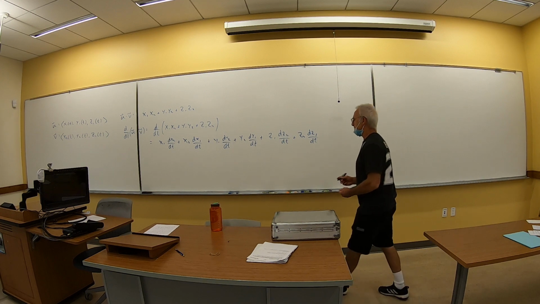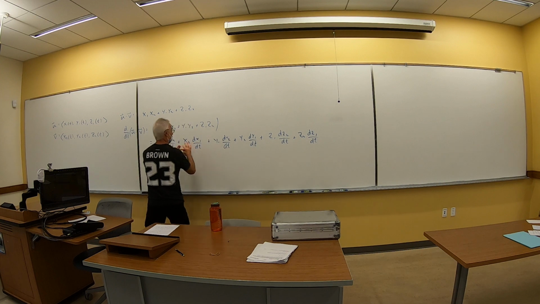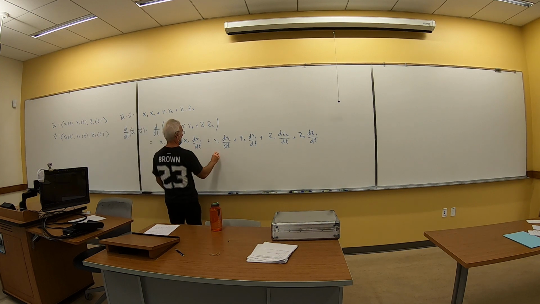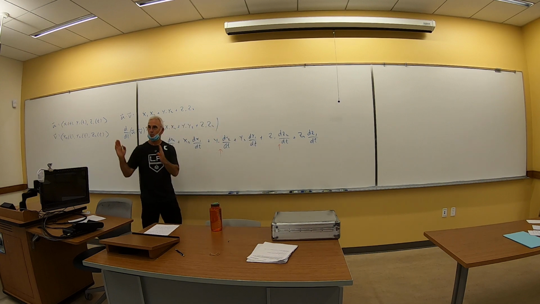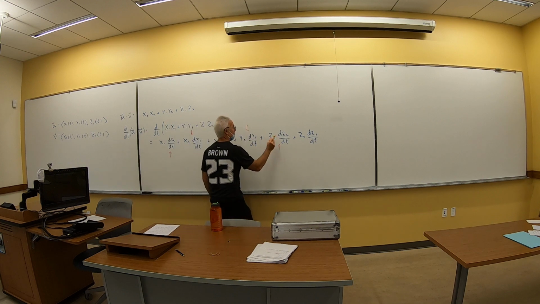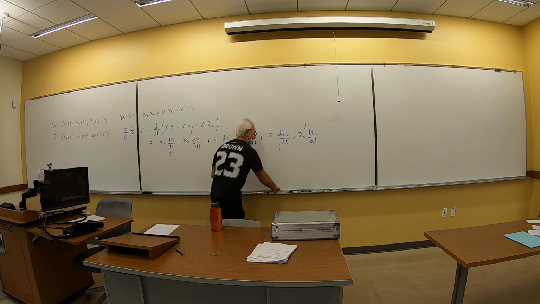For example, I'm going to regroup these. So what if I put this one and this one together in one grouping, and put this one and this one together in a second grouping? Might be easier to see where this is going.